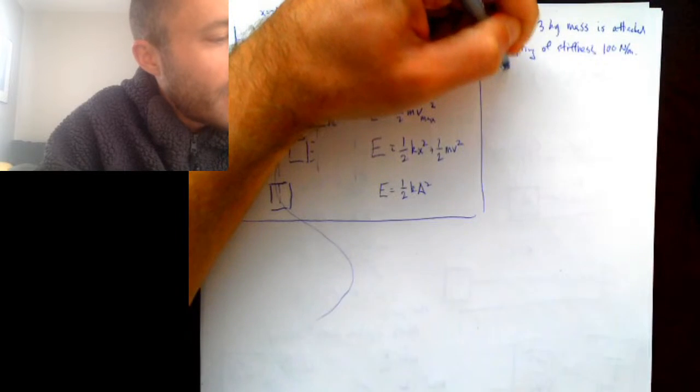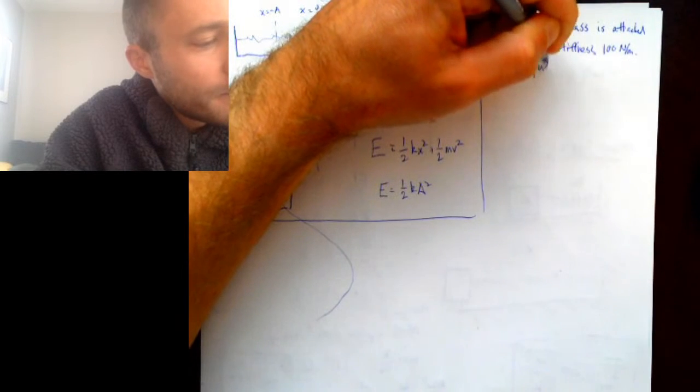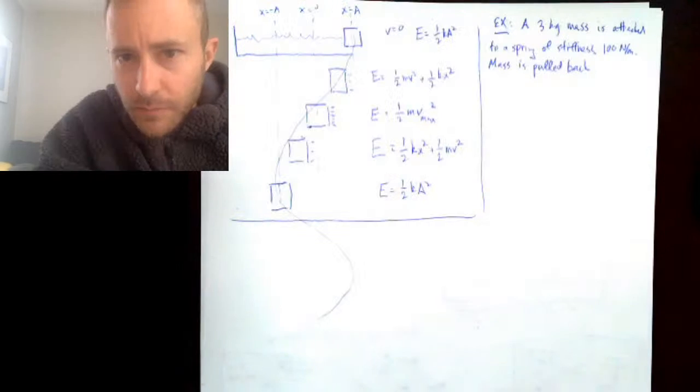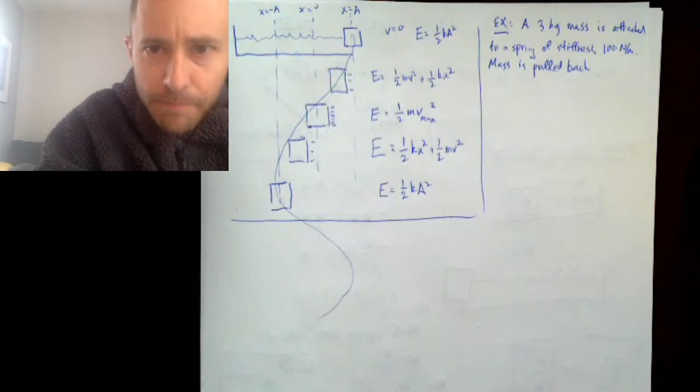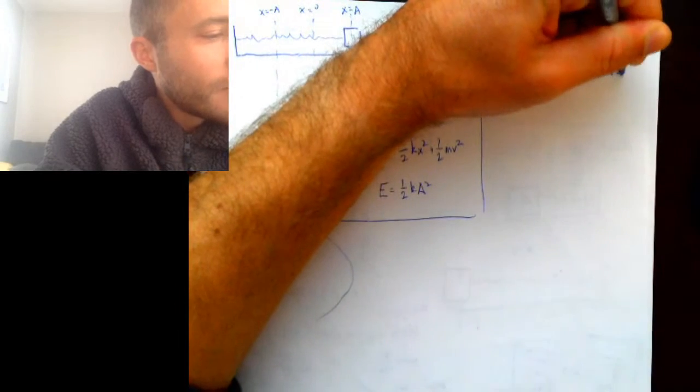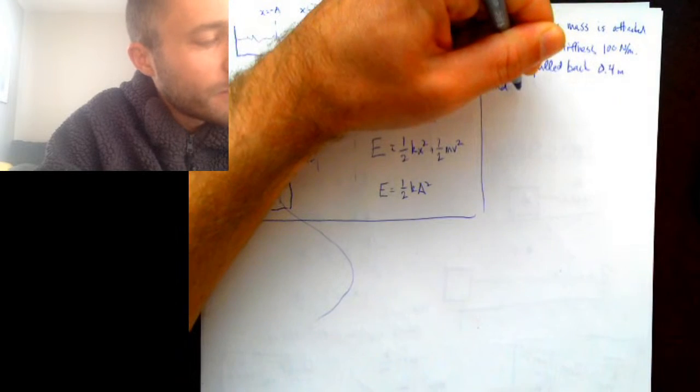The mass is pulled back, let's say, 0.4 meters and released from rest.